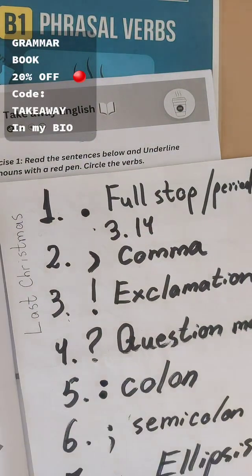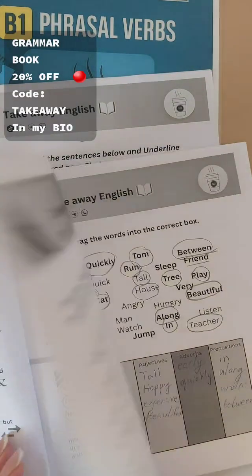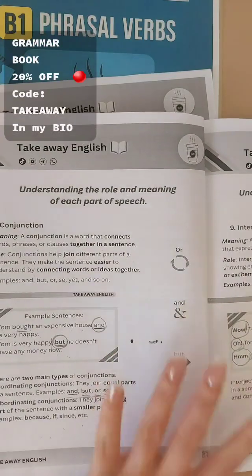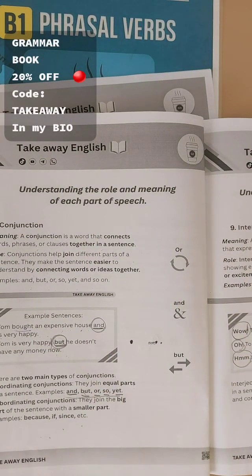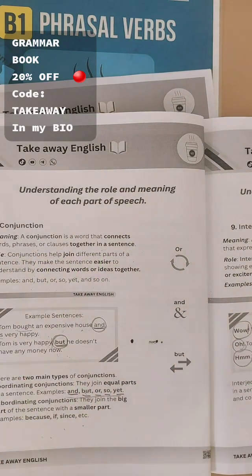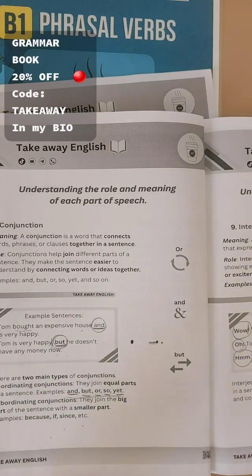And the last one is conjunction, right? So again, what are conjunctions? A conjunction is a word that connects words, phrases, or clauses together in a sentence. For example, and, but, or, nor, for, yet, so. They are conjunctions.